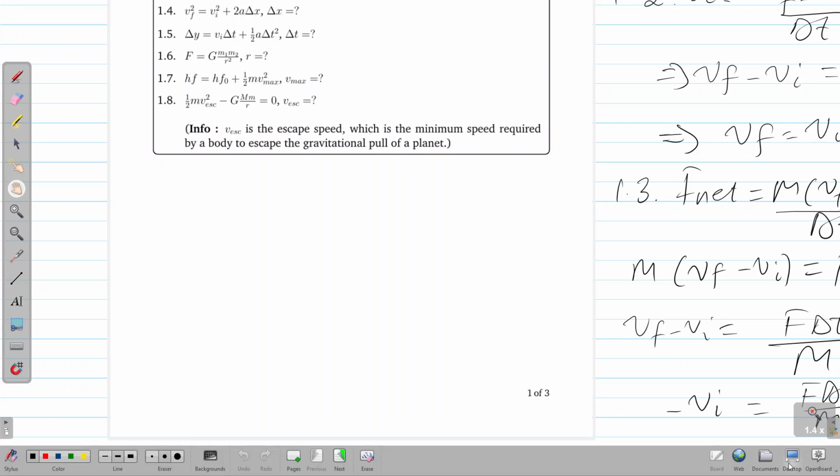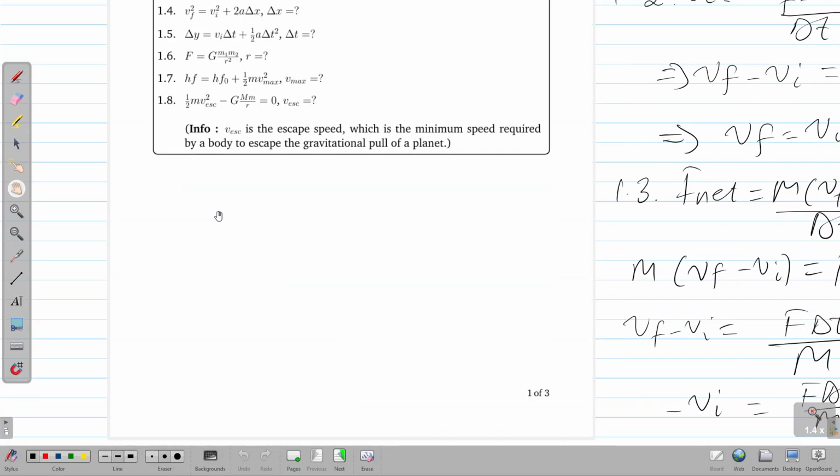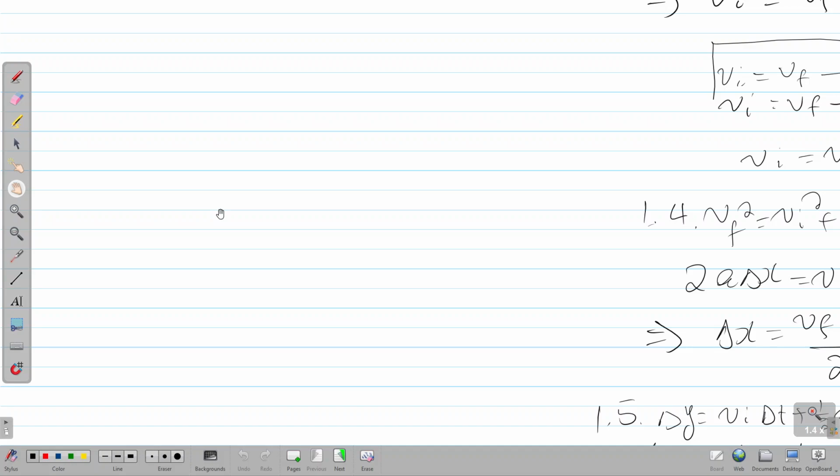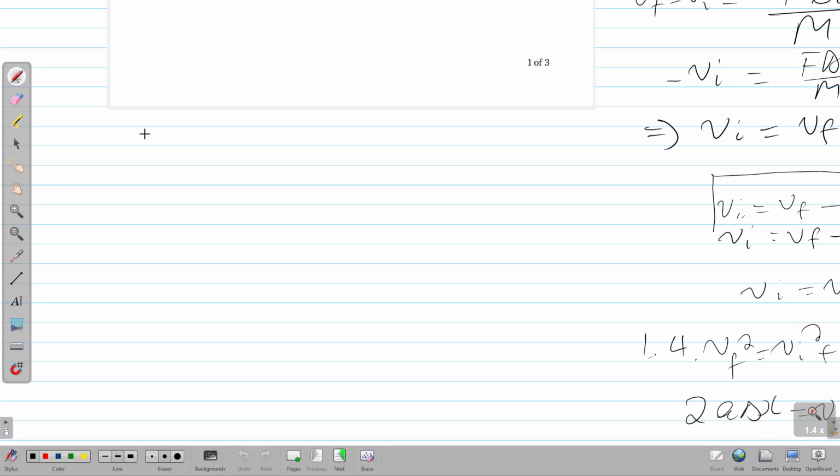Let's solve for r. So you have F is equal to G, mass 1 times mass 2 over r squared. Solve for r. So let's do that. That is question number 1.6. Let's do 1.6.